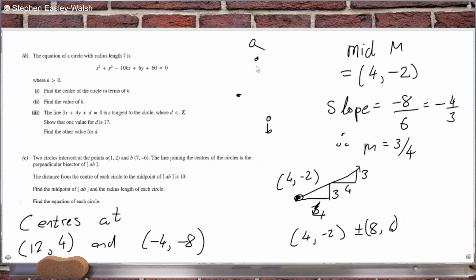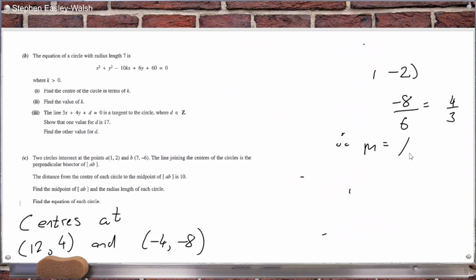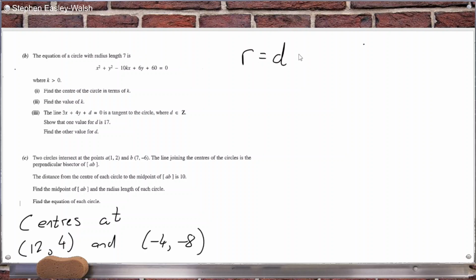So if we go from (12, 4) to the point A, so the radius will equal the distance, which will be the square root of 12, 4 to 1, 2. So that's 11 squared plus 2 squared.